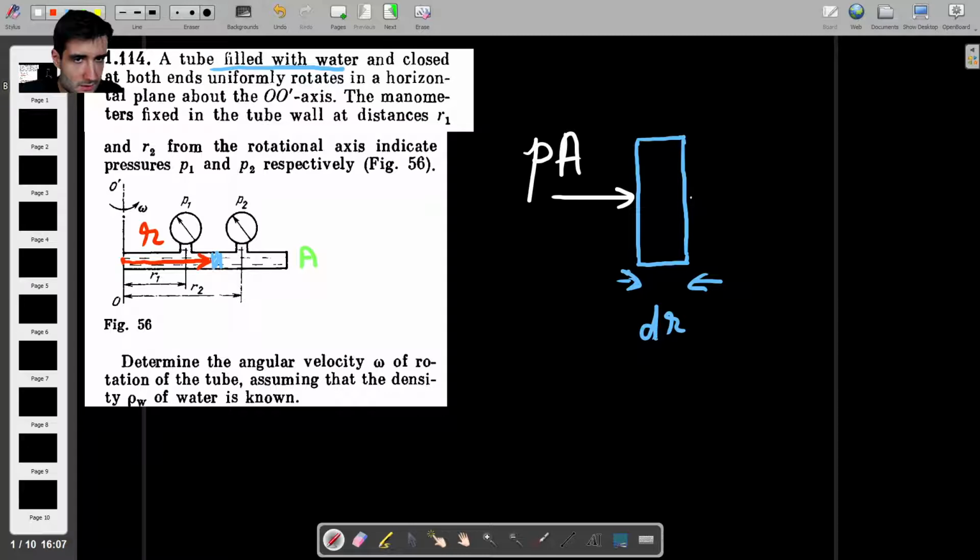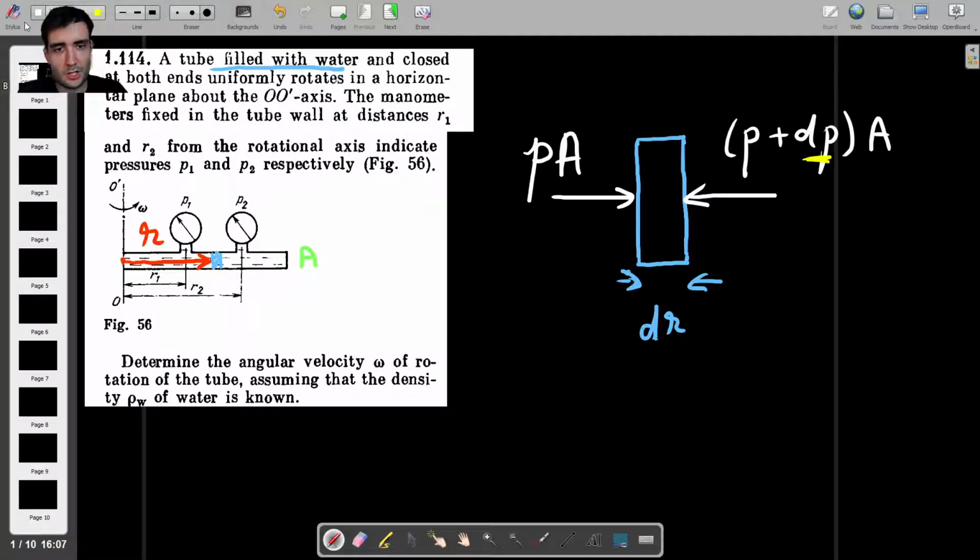And then from the other side, there's going to be a different pressure. I'm going to call this pressure P plus dP multiplied by A, like this. So this dP takes into account an infinitesimal change in the pressure with an infinitesimal change in distance going towards the right-hand side. And this creates a force imbalance because this force and this force are different from each other.